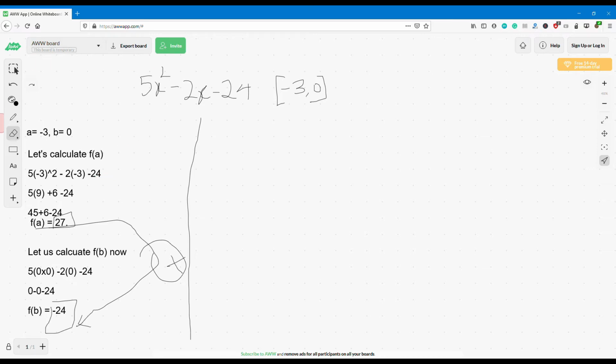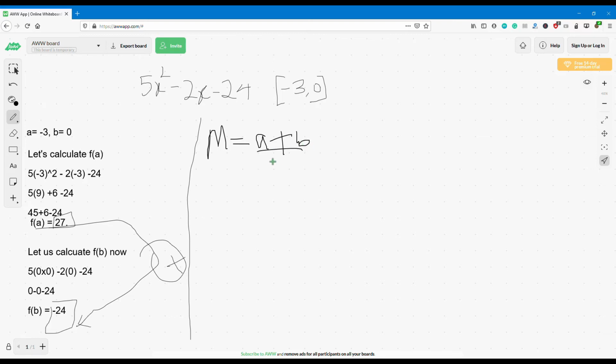The next thing we need to do is to find m. I told you we need to find the midpoint. According to the last thing I showed you, m is equal to a plus b over 2.